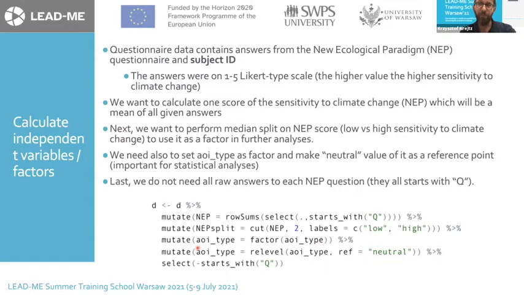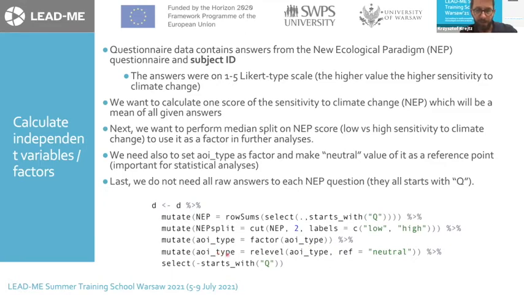So it's going to be super useful in regression analysis later on. To make the neutral value a reference point for us, we need to change the type of the AOI type variable into a factor. And this is this line. Mutate means change. I change AOI type to factor AOI type. So I factorize AOI type.